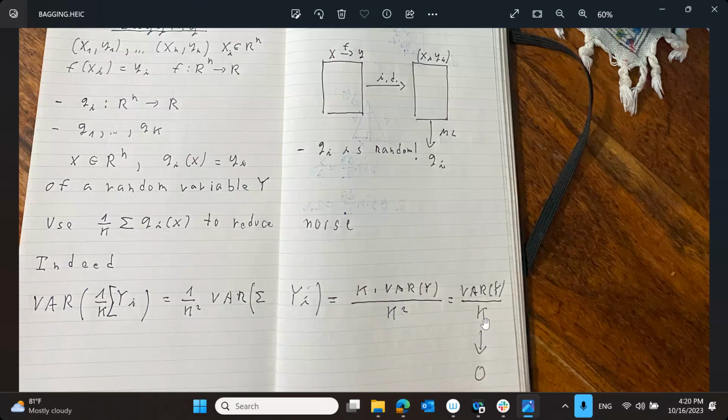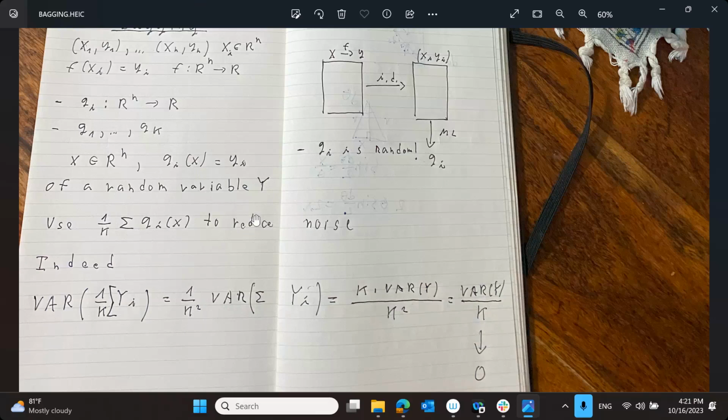If k is large, the variance of the random variable is just a number, and over k it goes to 0. So basically, that's the bagging idea. If you take the average, it becomes stable and it doesn't jump around so much. The variance, which measures the jumping around of the random variable, squeezes more and more and becomes smaller and smaller.